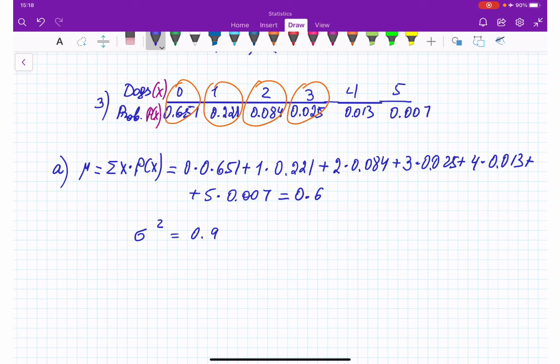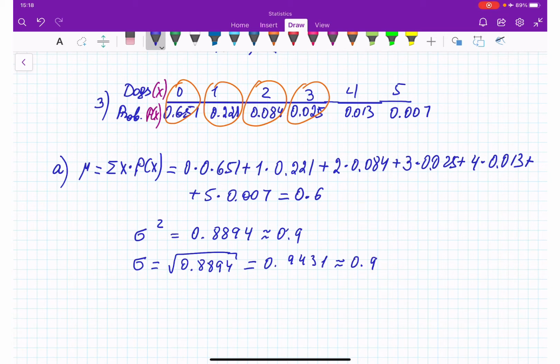Well, to be precise, sigma squared is going to be 0.8894, which is approximately 0.9. And sigma, if you take the square root of 0.8894, it's going to be 0.9431, which is approximately still 0.9.